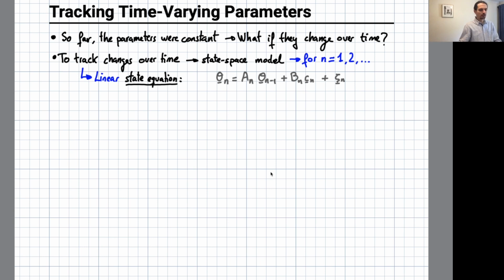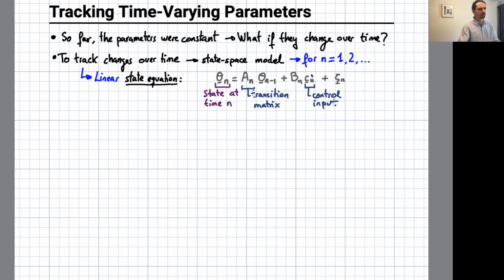Which provides this state equation here. In this equation, theta n represents the state at time n, and it is related to the state at time n minus 1 by means of a transition matrix, okay?